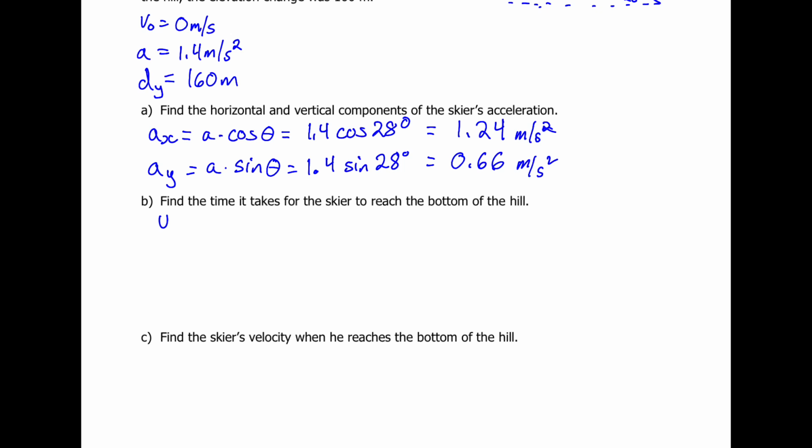So we're going to use this lovely formula: dy equals v naught y t plus half a y t squared. Isn't that awful? So many letters. Just wait until we get to the momentum chapter in Physics 12, where we have the speed in the x direction before the collision and the speed in the x direction after the collision.